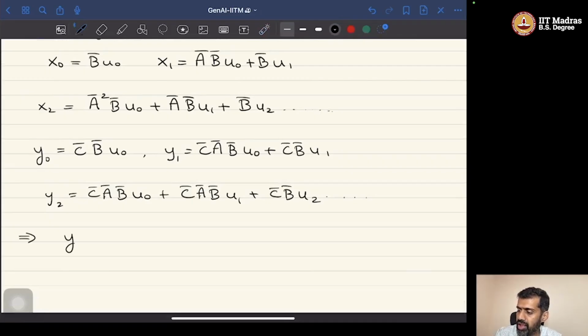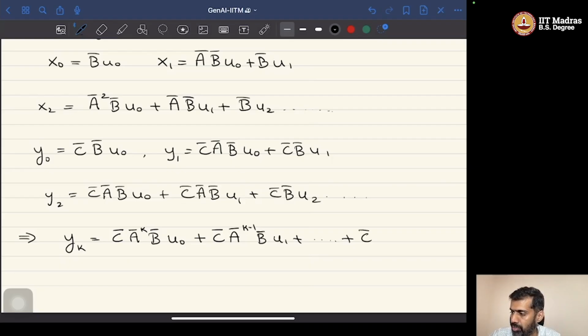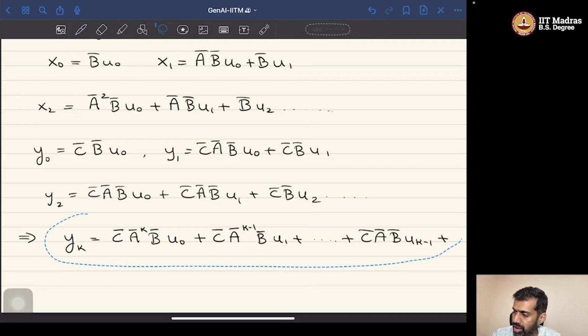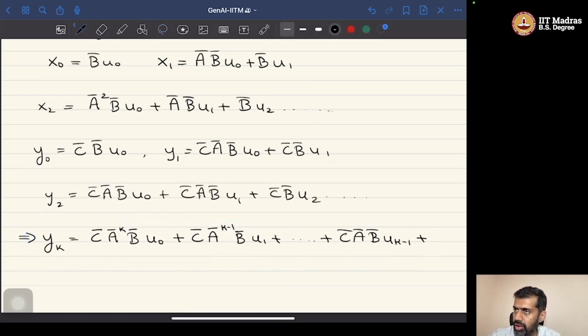This implies yk is equal to C bar A bar to the power of k times B bar times U naught plus C bar A bar to the power of k minus 1 times B bar into U1, and so on up to C bar A bar B bar U k minus 1 plus C bar B bar U k.